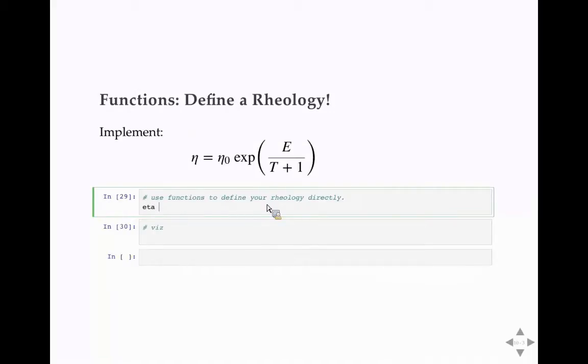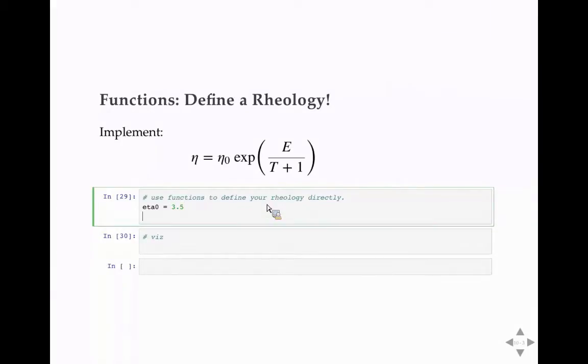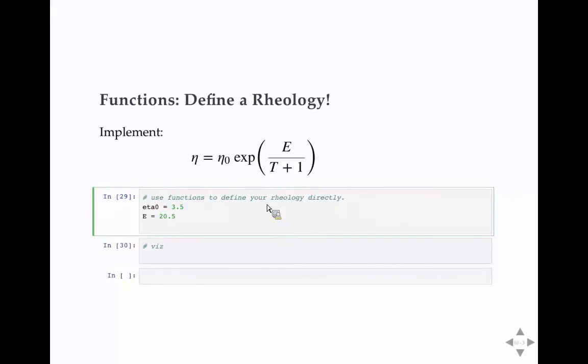All right. So let's say e naught is equal to whatever. Some activation energy. Well, it doesn't really matter what we're going to set it to. Now we can set our eta function equal to eta naught times function.